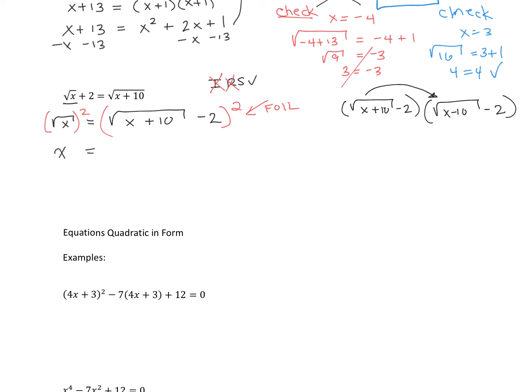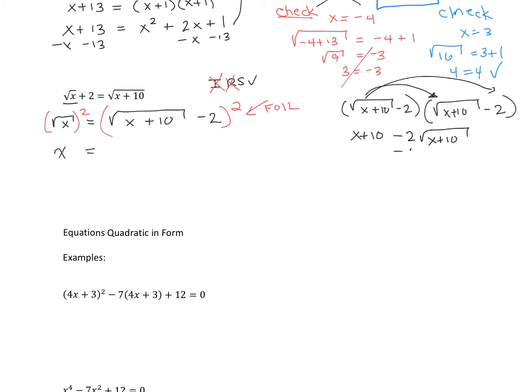So when you multiply a radical by itself, you just get the radicand. Sorry, this should be plus. So we get x plus 10. Then we get minus 2 times root x plus 10 for the outsides.